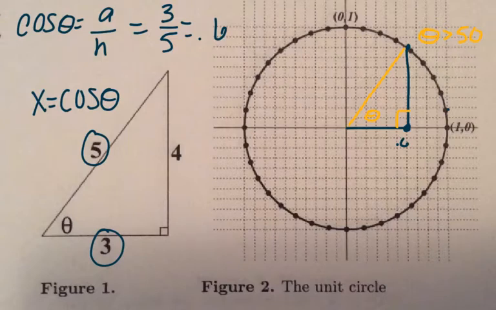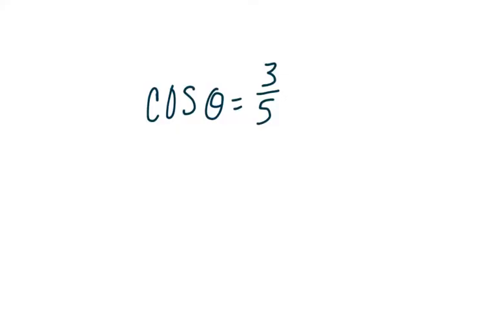Now, this method is nice for an estimation. However, we really want the exact value of theta right now. So what we're going to do is introduce the arc cosine function in order to determine the exact value of theta. Now, arc cosine is the same thing as cosine inverse. It's just another formal name.